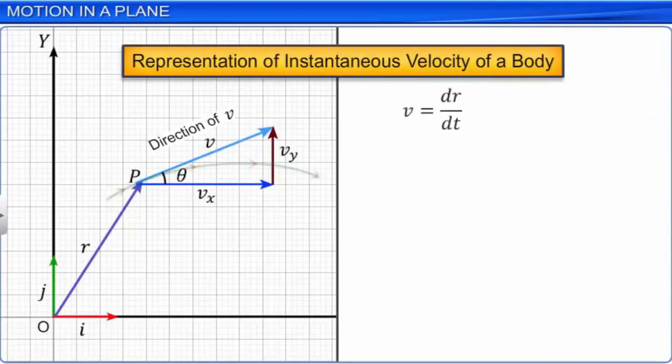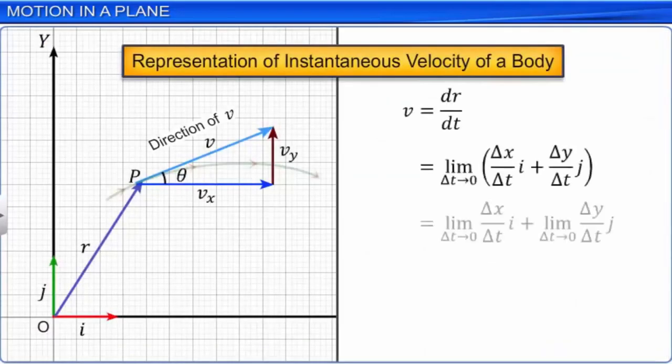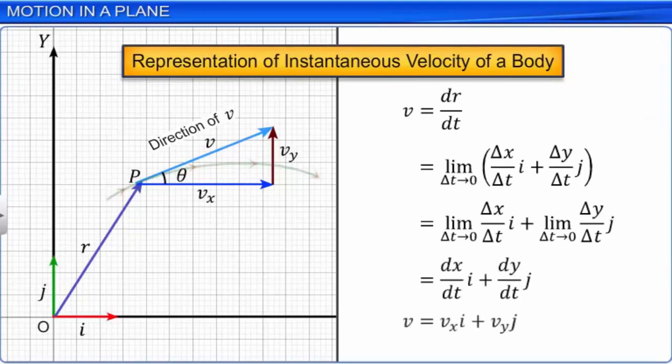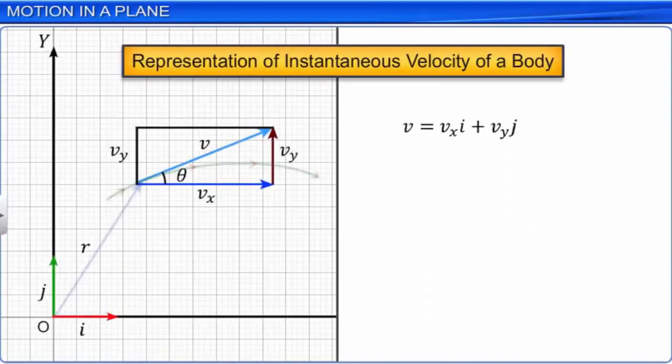Using the resolved parts of magnitudes of v in the x and y direction, that is, vx and vy, we can write v is equal to the square root of vx square plus vy square, and tan theta is equal to vy by vx, and theta is equal to tan inverse of vy by vx.